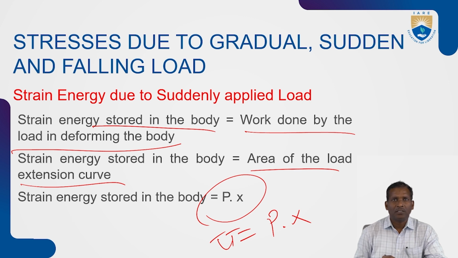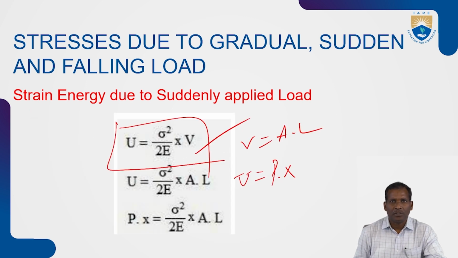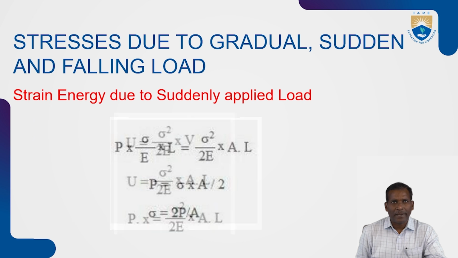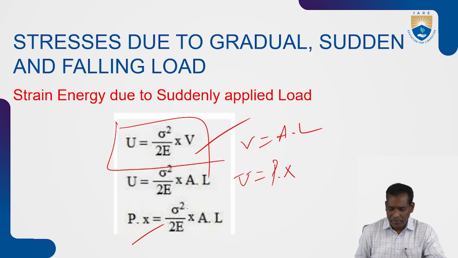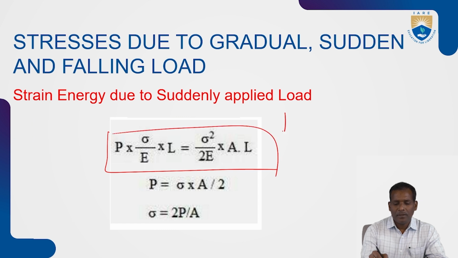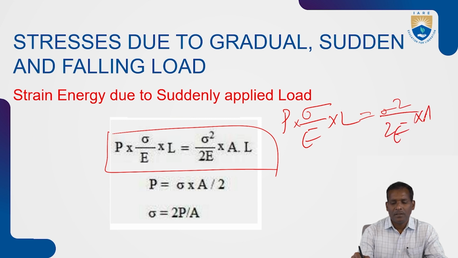Now equate: the strain energy stored in the body is equal to sigma square by 2E into A L. Writing in terms of deformation, P multiplied by X, where X is sigma by E into L, is equal to sigma square by 2E into A L.